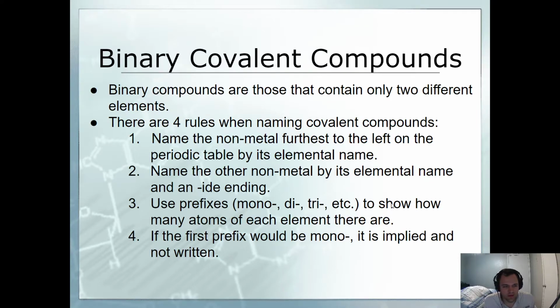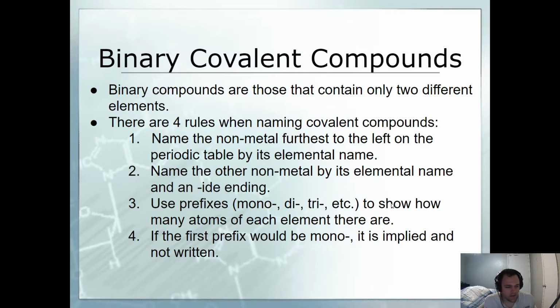Covalent bonds can do all kinds of weird stuff with double bonds and triple bonds and all that junk. So it's not immediately obvious if I just said nitrogen and oxygen, how many of each would be bonded together. So in order to fix that, when you're calling something by its name, you use prefixes like mono, di, tri, and so on to show how many of each atom there's going to be in the formula.